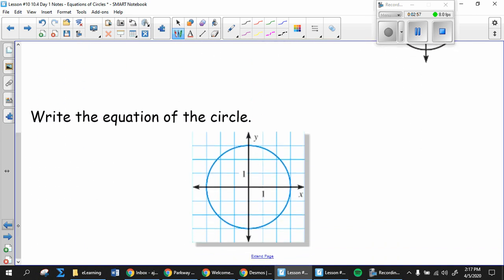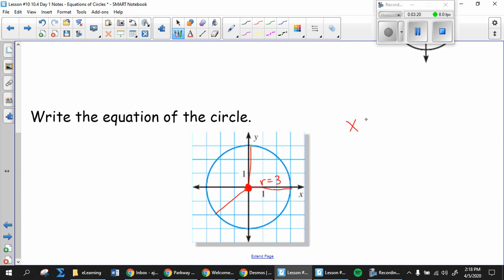So if we come down to this example, we notice here the center of our circle is at 0, 0. Remember, the radius is the distance from the center to the outside of the circle, no matter what direction we look. No matter what direction we go, that's our radius. Well, if I count here, 1, 2, 3, my radius equals 3.